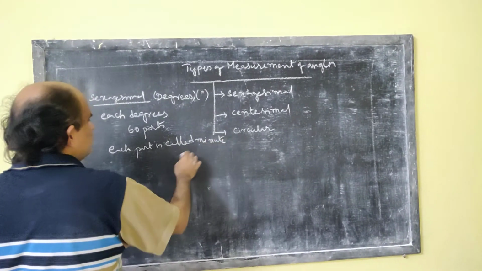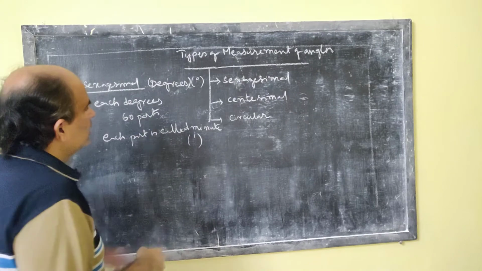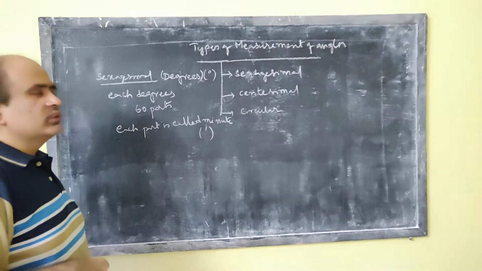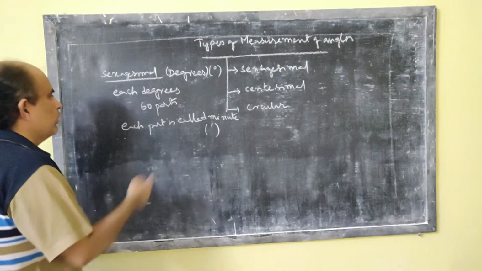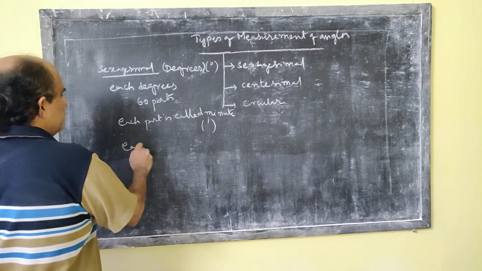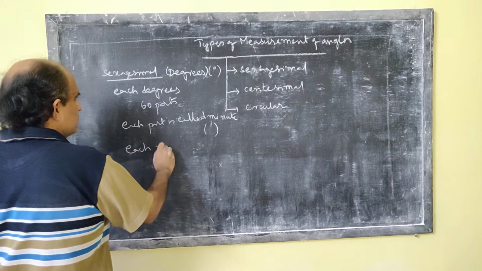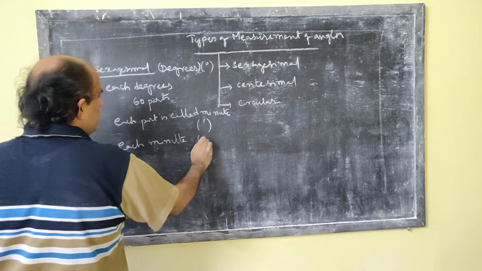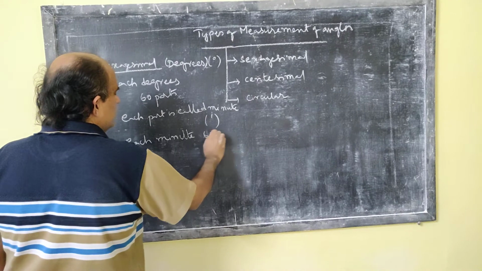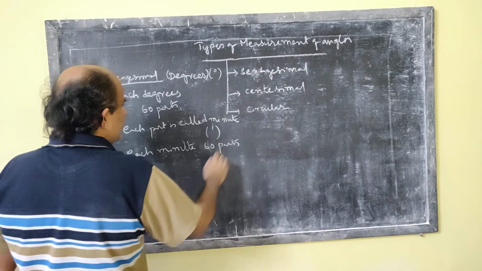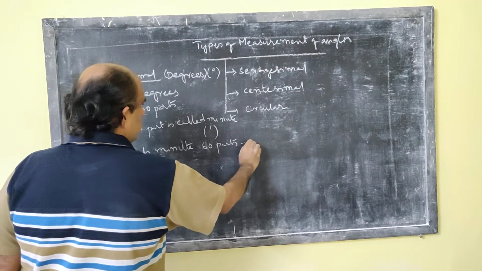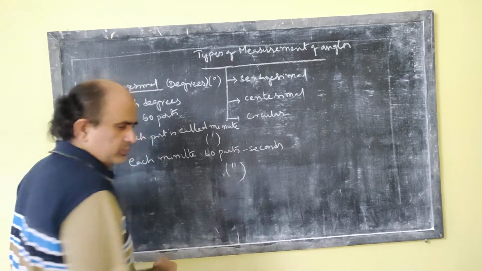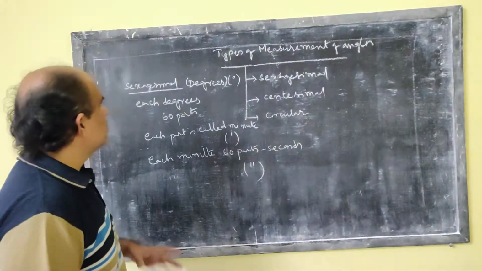The symbol is just a dash placed here. This dash we call a minute. And for your knowledge, each minute is divided into 60 parts, called seconds. Seconds are denoted by 2 dashes.